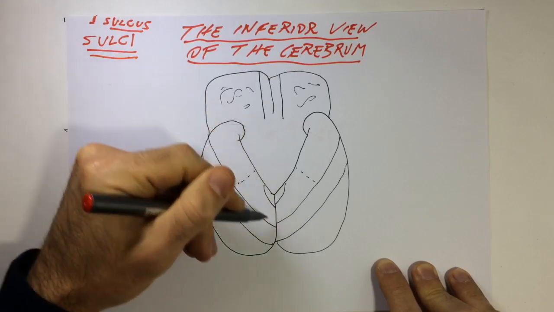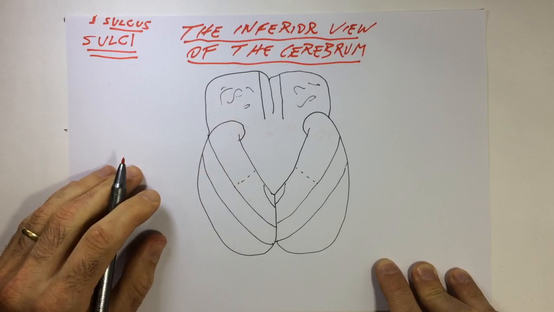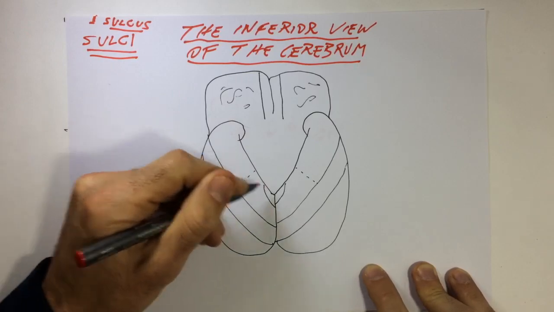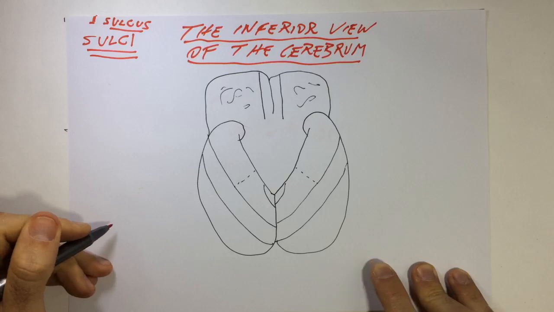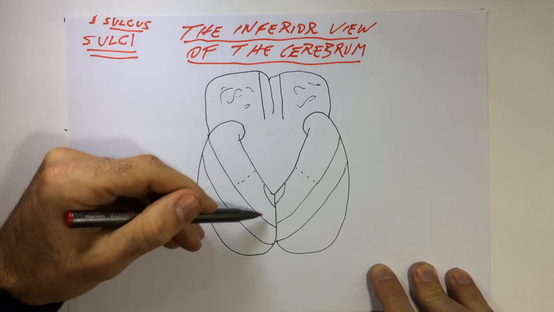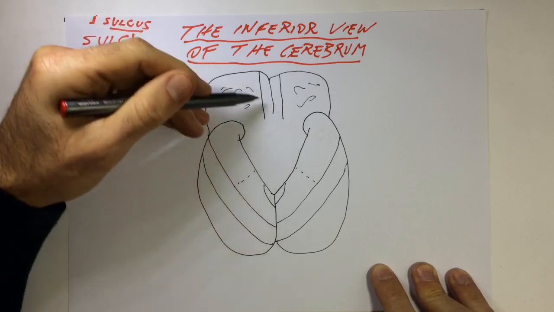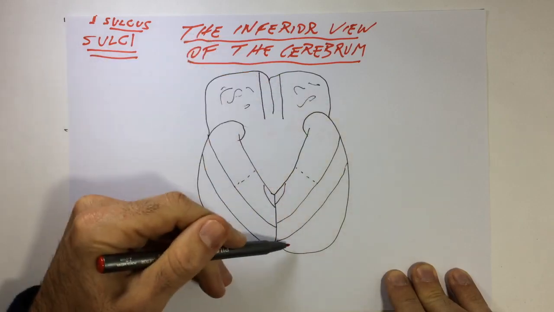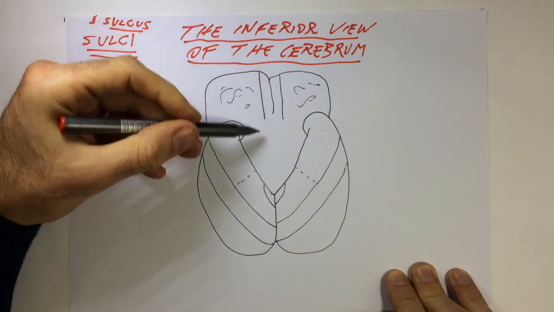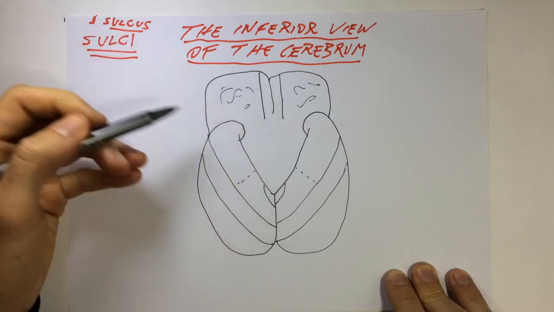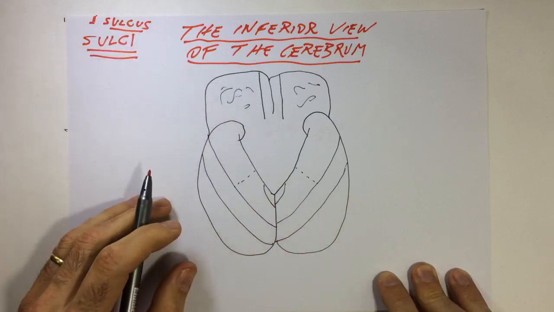So we're gonna analyze all the sulci here first. So I'm gonna just add some numbers here, and then we're gonna make a list of the sulci of this view. And just remember that everything that we see on one hemisphere is actually the same on the other hemisphere. So I'm gonna just number the structures on one hemisphere, but it's exactly the same on the other one.